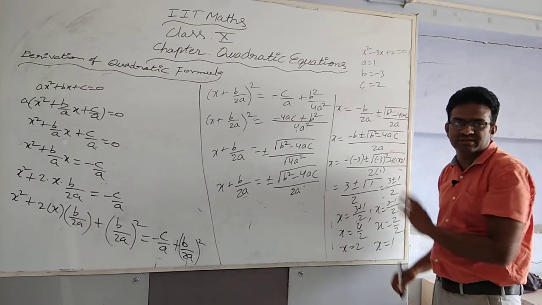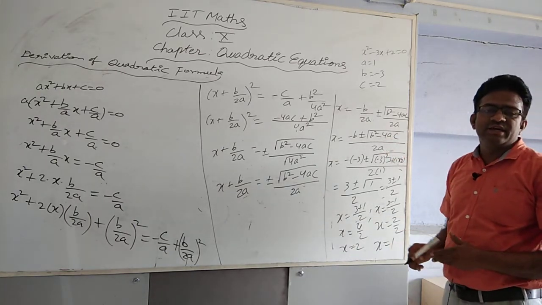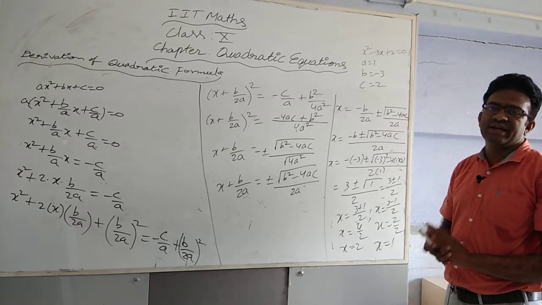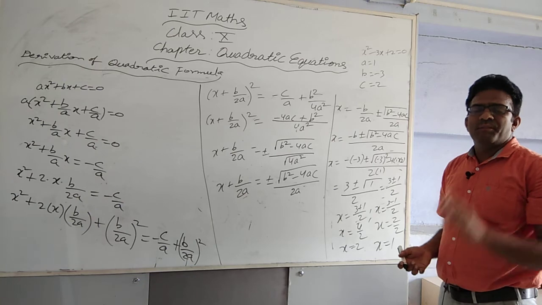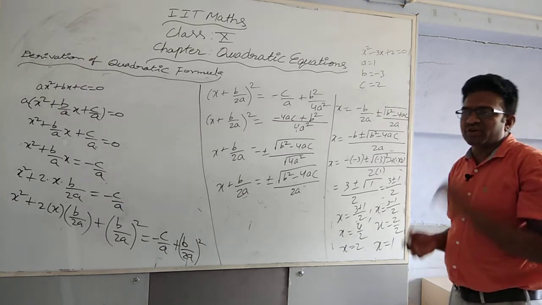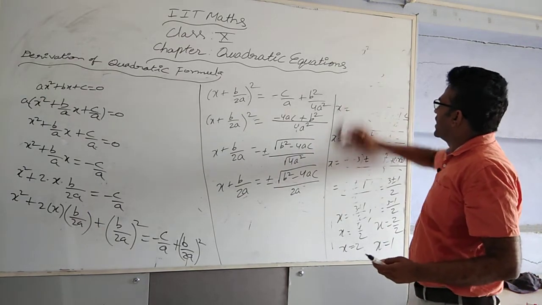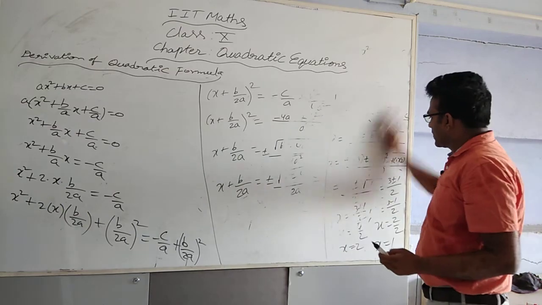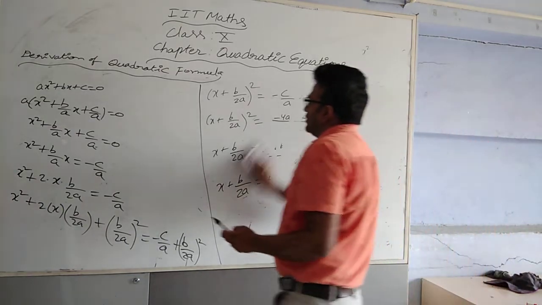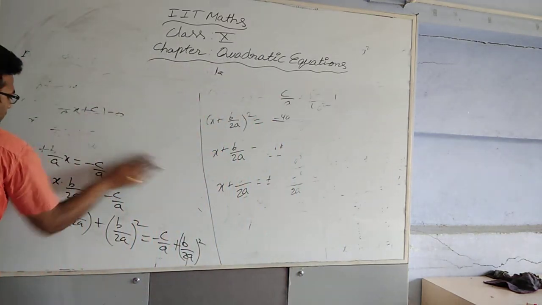Okay, here b square minus 4ac is the discriminant. By using the discriminant, we can tell the nature of the roots.